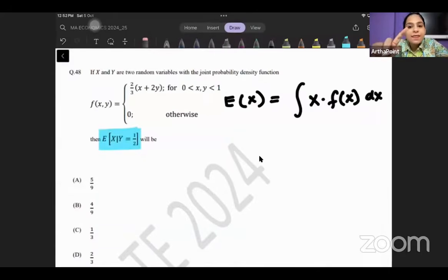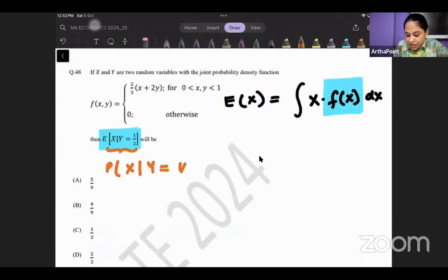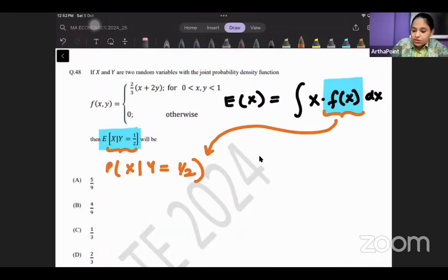But the term given is in the conditional form. तो ये वाला जो probability है यहां पे, इसकी जगह पे पहले मुझे ये चीज निकालना पड़ेगा, probability x given y equal to half. Instead of this probability, I will have to replace it with this probability.